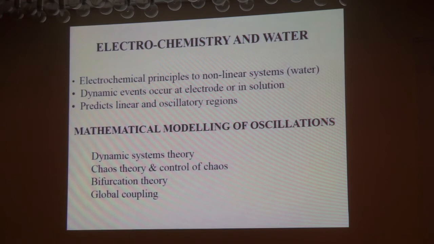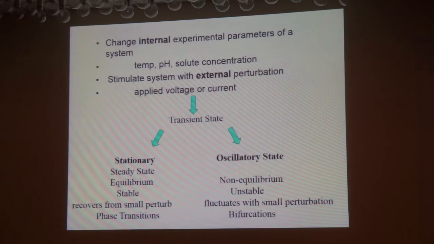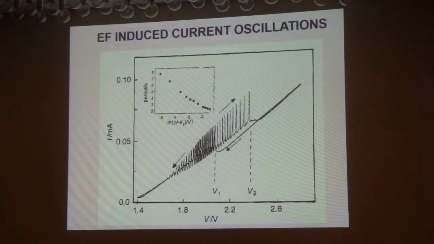I mean, you get standard linear effects, but then you get these oscillations that occur. And these oscillations are associated with non-equilibrium fluctuations, and this is kind of the scientific explanation of the phenomena. And here's an example of the oscillations that occur from another publication.